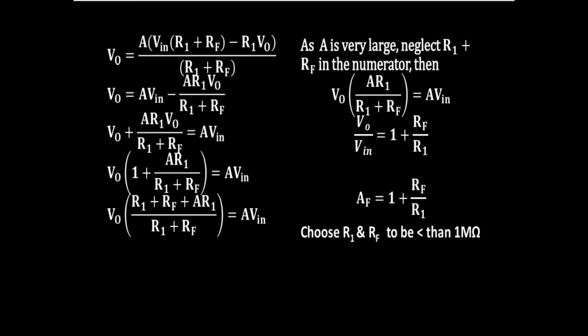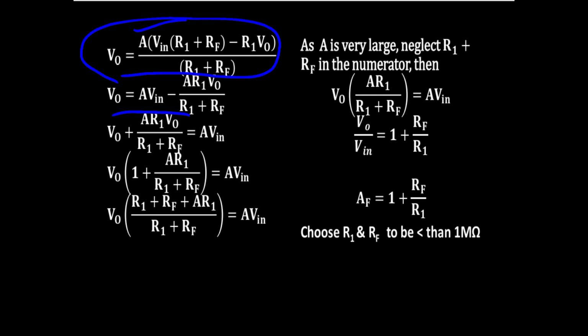If I take the LCM for the previous expression, I get V0 equals A into VIN into R1 plus R2 minus R1 V0 by R1 plus R2. Now multiply the gain A into the inner terms, then we get V0 equals A VIN minus A R1 V0 by R1 plus RF.